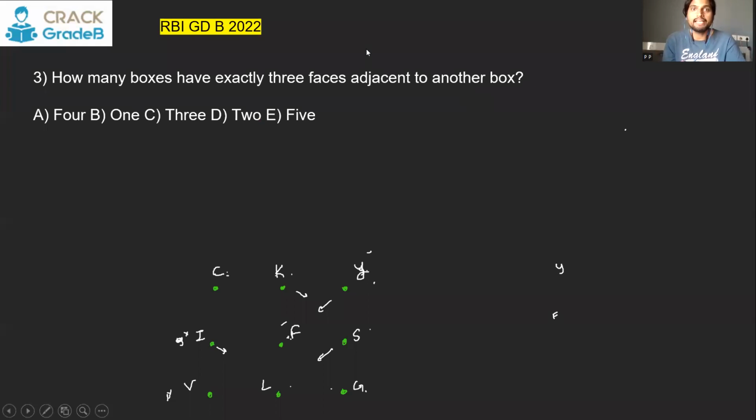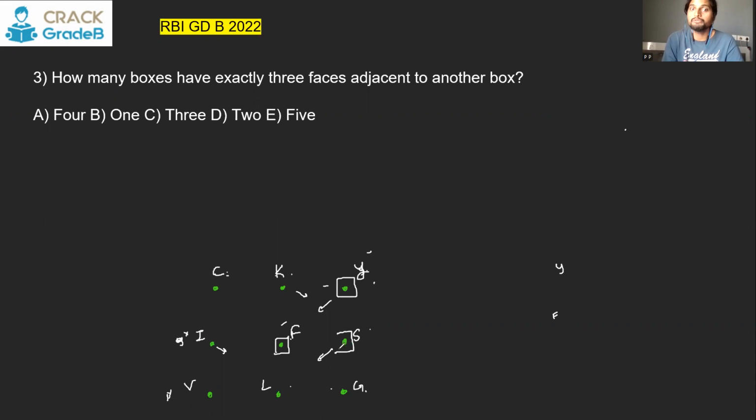How many boxes have exactly 3 faces adjacent to another box? Exactly 3 faces. Those can't be the boxes with the center, because the central box will have all 4 faces facing another box. The corner boxes will have 2 faces facing other boxes.